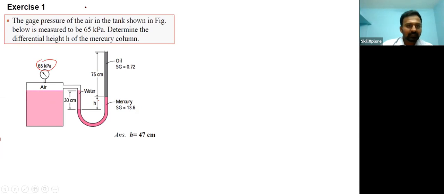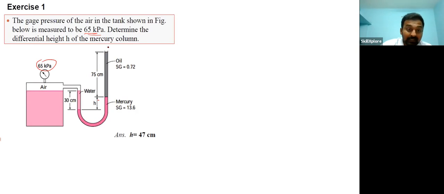The gauge pressure of air in the tank shown in the figure is 65 kilopascal. Determine the differential height h of the mercury column. Here we have three different fluids in the U-tube manometer. The main thing is the pressure difference between here. We are calculating the pressure difference between here.